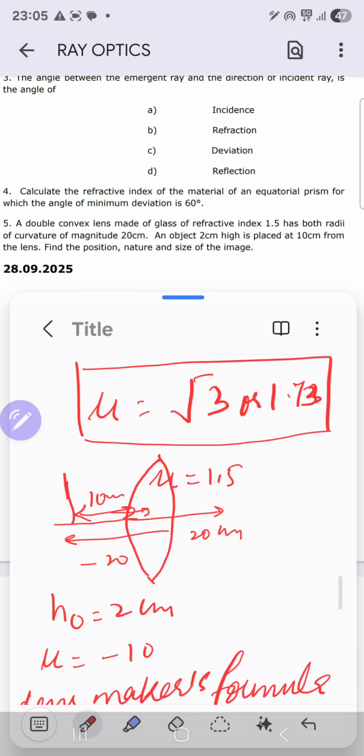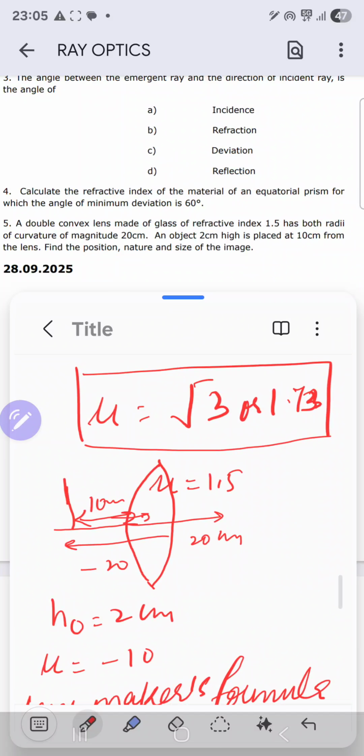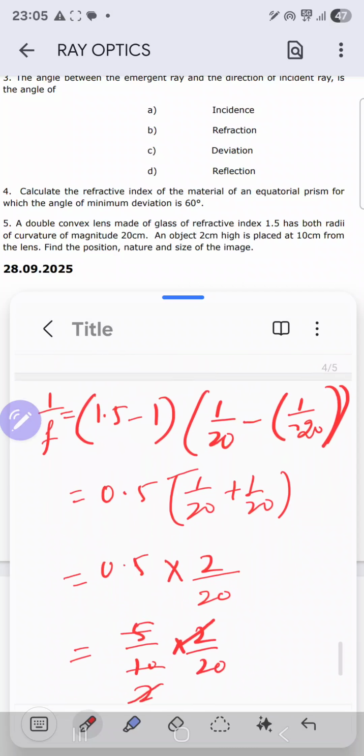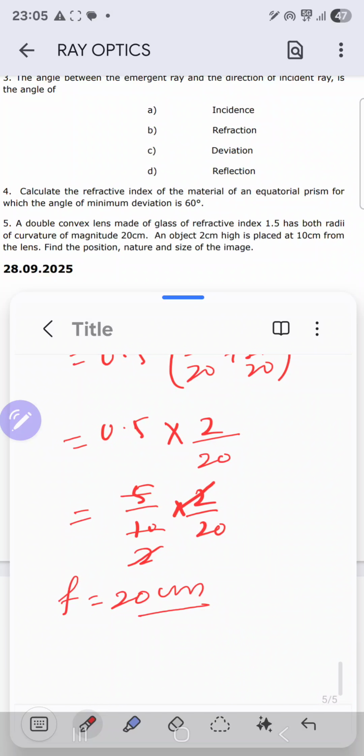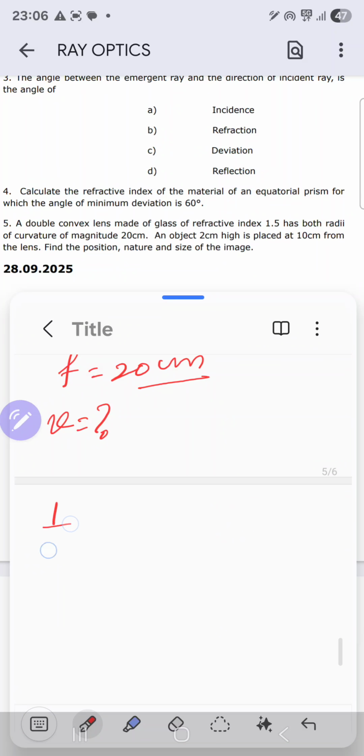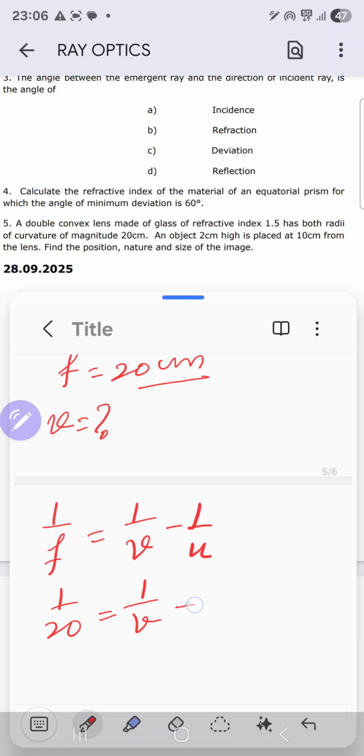So this is the focal length, and here u is given as minus 10 centimeter. Focal length is 20 centimeter. We can easily find out the value of v. V is the position of the image. So using lens equation, 1 over f is equal to 1 over v minus 1 by u. This is 20, 1 over v we have to find out.